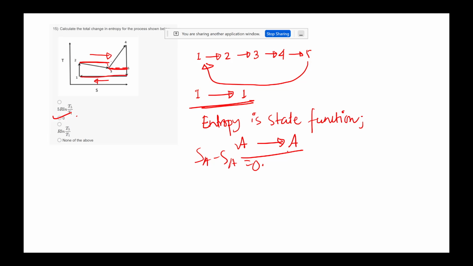Since this is in this direction and that is in the other direction, that will cancel out and it will be 0. Okay? Clear?